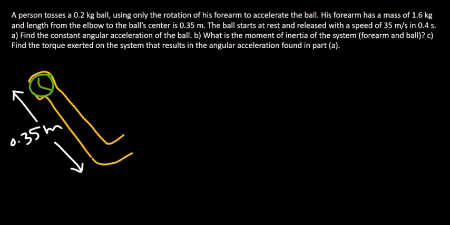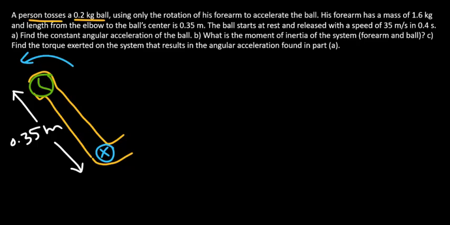Problem 1. A person tosses a 0.2 kg ball, using only the rotation of his forearm to accelerate the ball. This is the forearm, and as his forearm moves, one could model the movement as a rotation about an axis passing through that point perpendicular to the page.